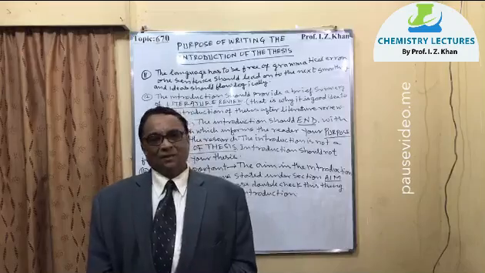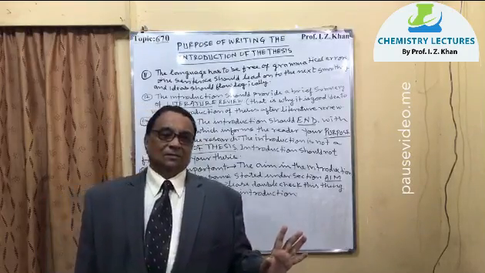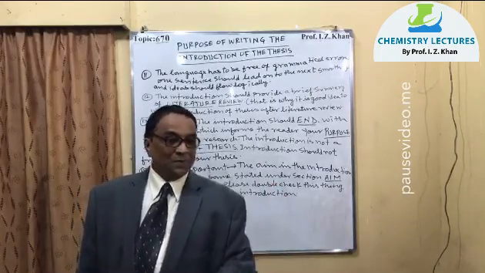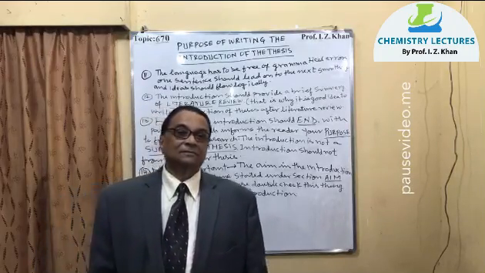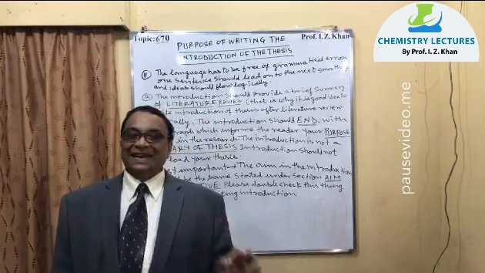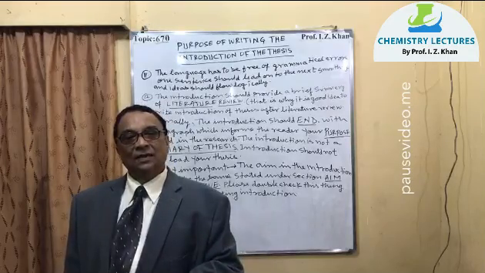It should be what you have written in that section, clear cut. If it is mismatched, your introduction is wrong. Your objective and your aim, what you have mentioned in that section, must be achieved in writing your introduction.